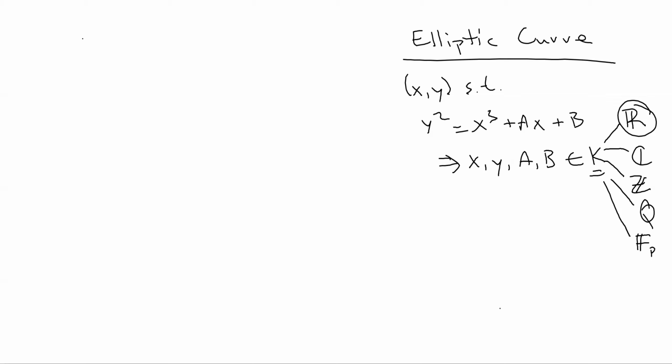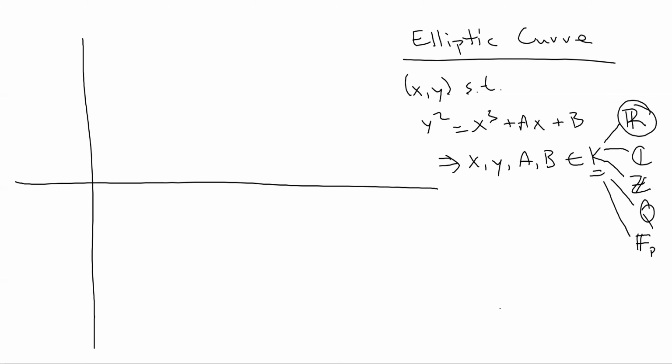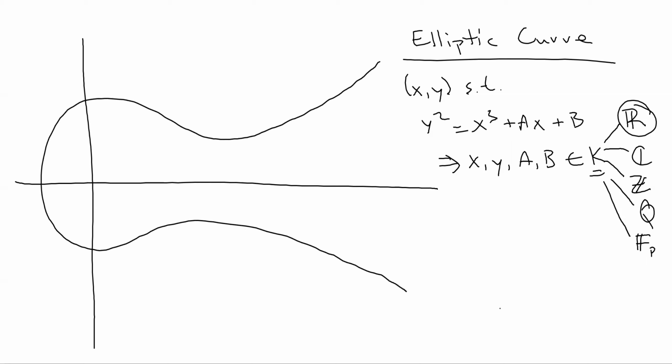Let's look at the geometric graph of the curve, which will kind of drive the entire video. So typically an elliptic curve looks something like this. Again, based on our algebraic definition, let's just take a sample curve.